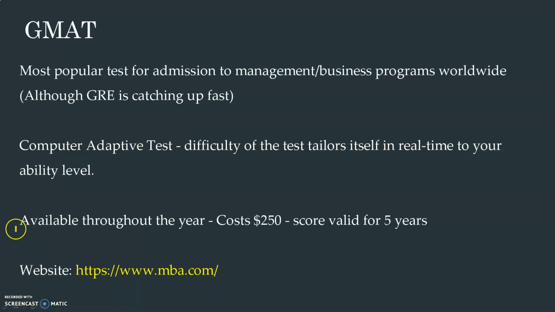Again, what does it mean? So, for example, the section will start with a question of medium difficulty, and then if you keep on answering correct, the difficulty level of questions will keep on rising. And if you answer wrong, the difficulty level will become easier.